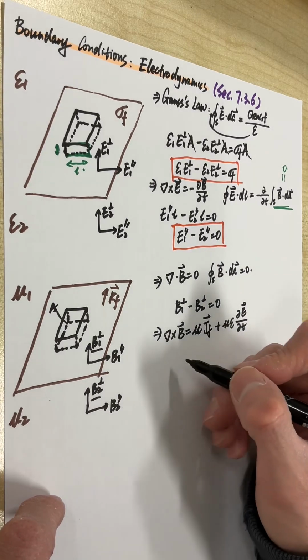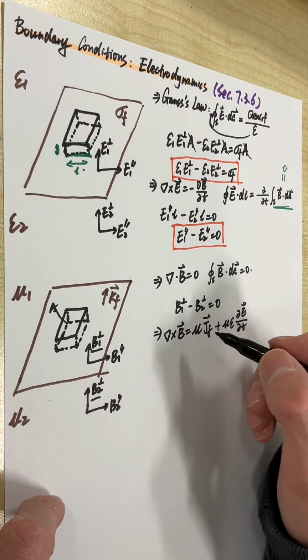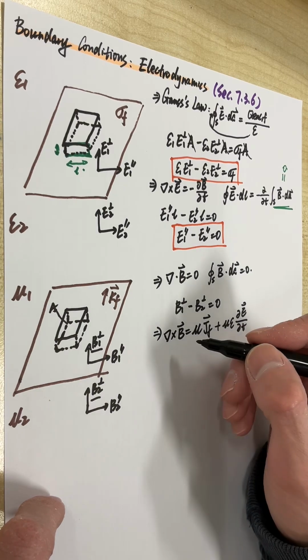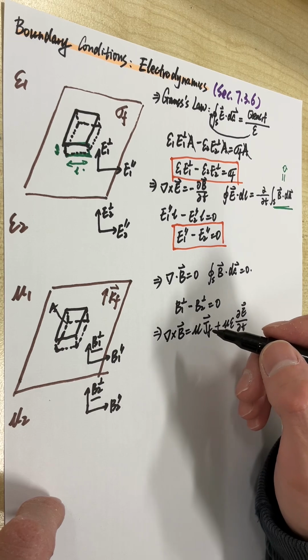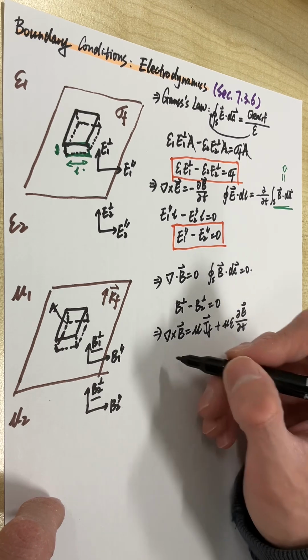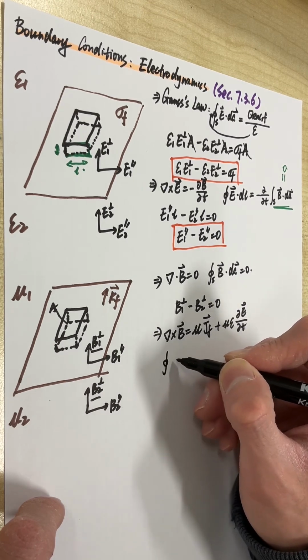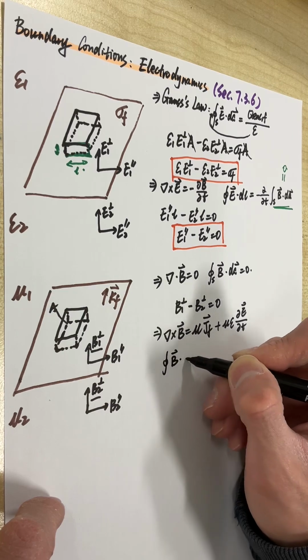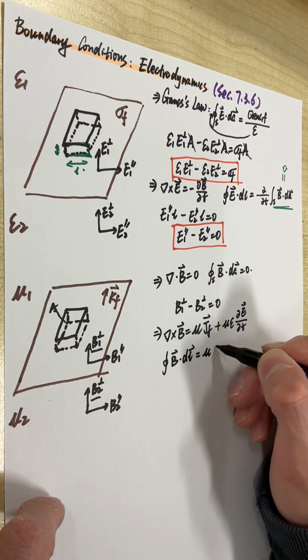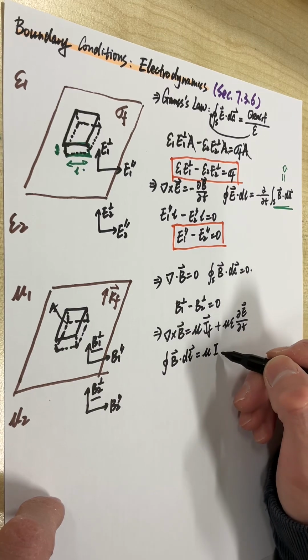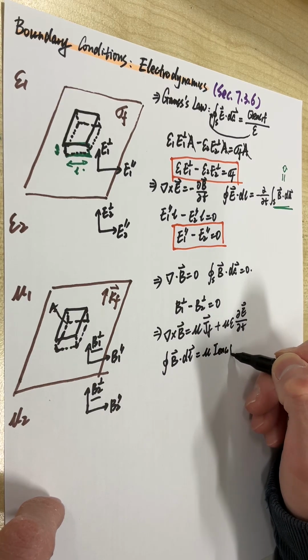The integral form: you do a volume integral, and you call the fundamental theorem for curl, then you have the closed line integral of B dl. This equals mu times the total free current enclosed.